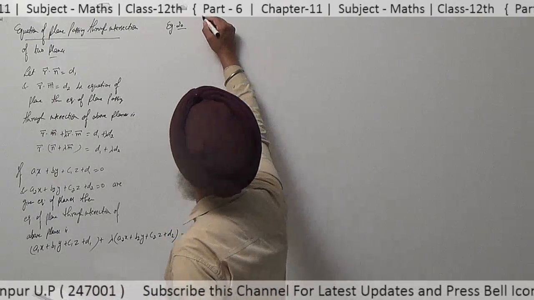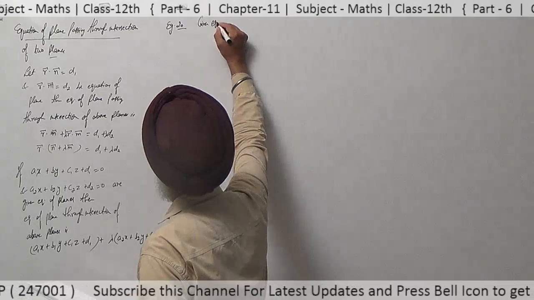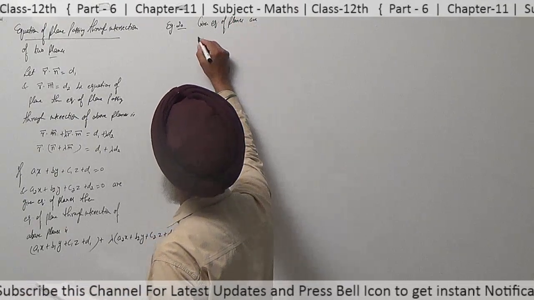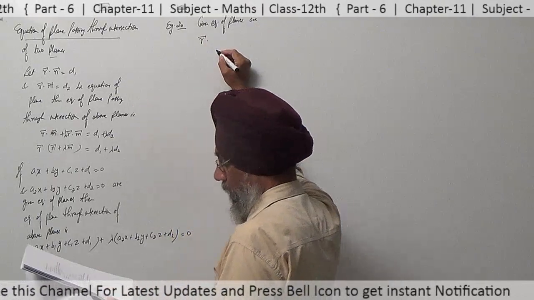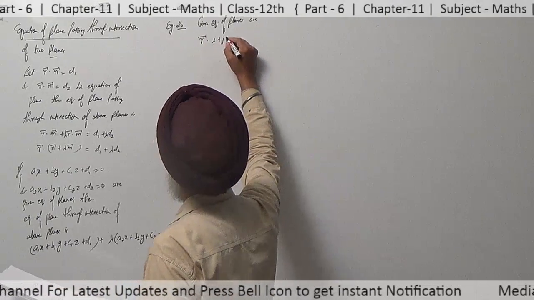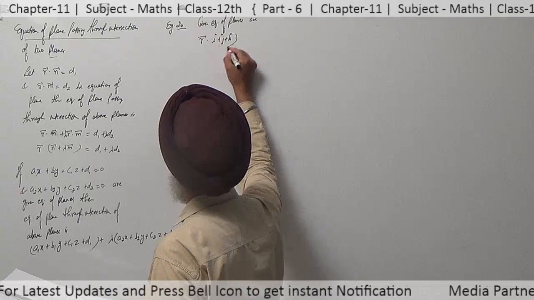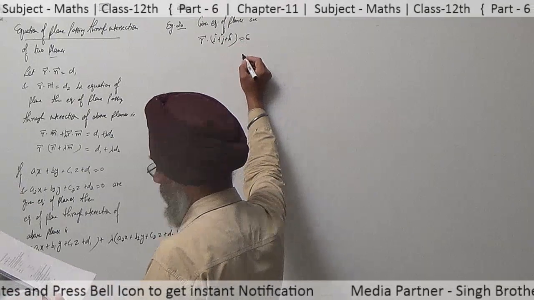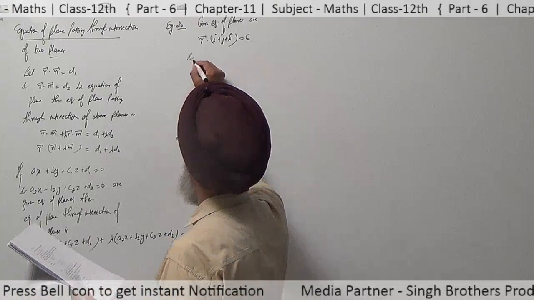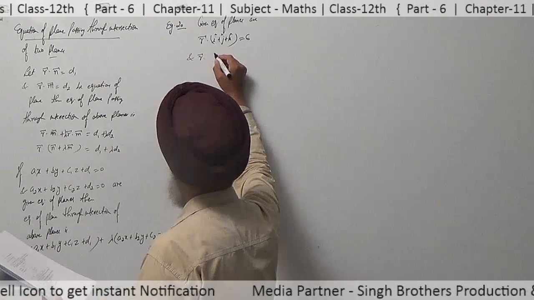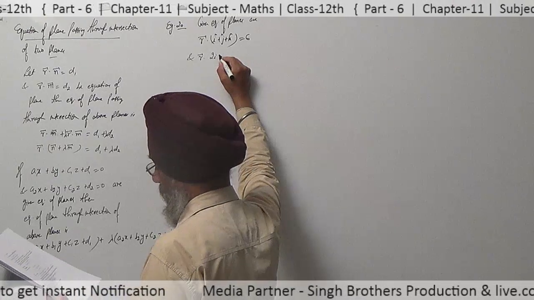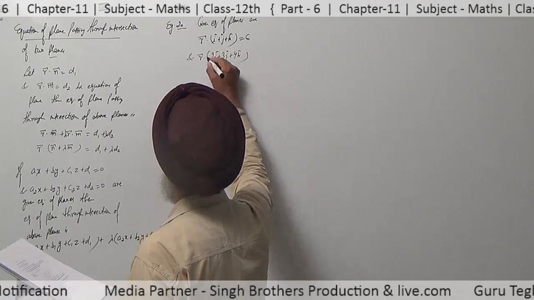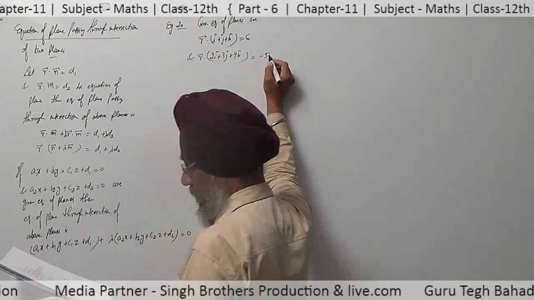Now the given equations of planes are r dot (i plus j plus k) is equal to 6 and r dot (2i plus 3j plus 4k) is equal to minus 5.